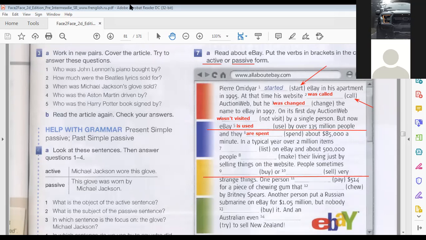2 million items. The verb is list. So what do you want to do to the verb?